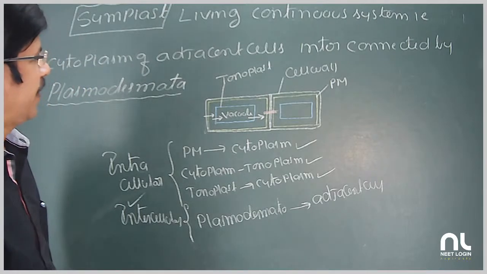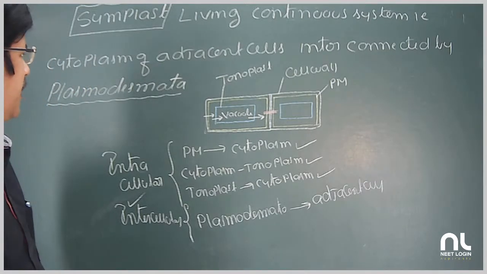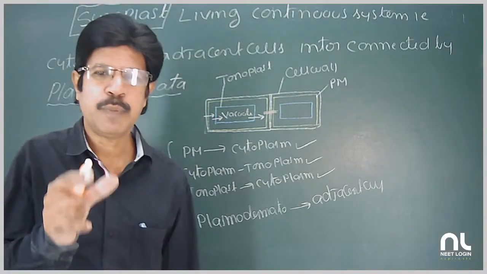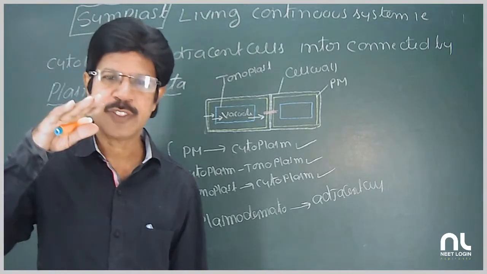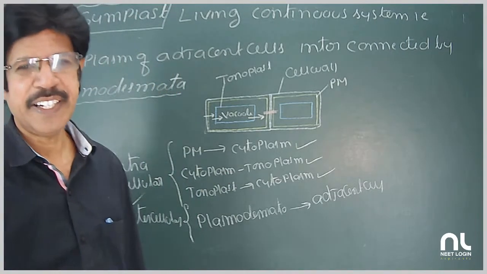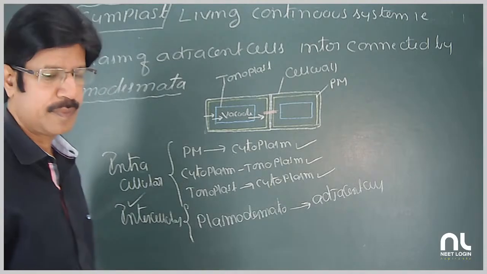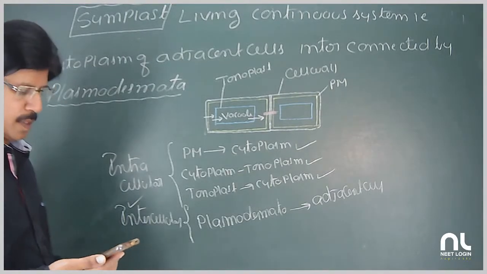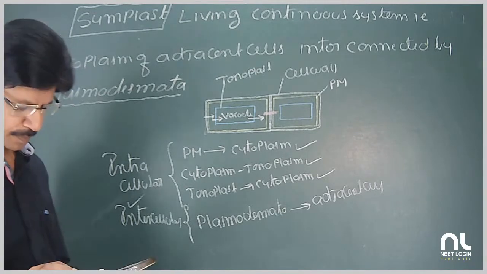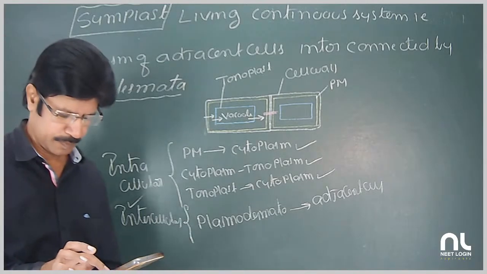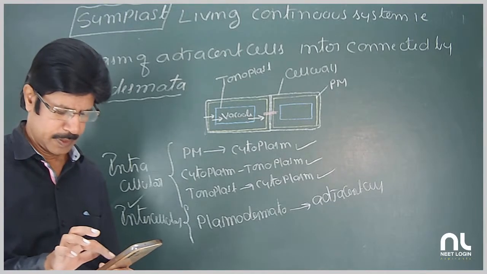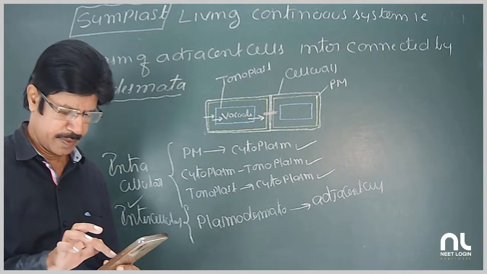So a living continuous system, that is, the cytoplasm of adjacent cells interconnected by plasmodesmata, is symplast. Symplastic movement is slow because it has to cross the membrane. And symplastic movement is also down the gradient. Got it clear? Intracellular, intercellular. Intra, inter.